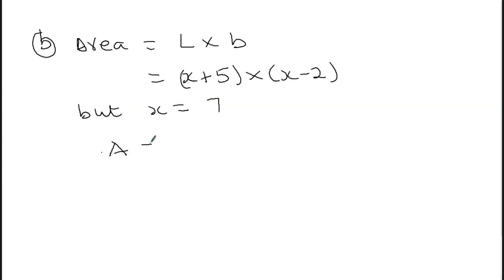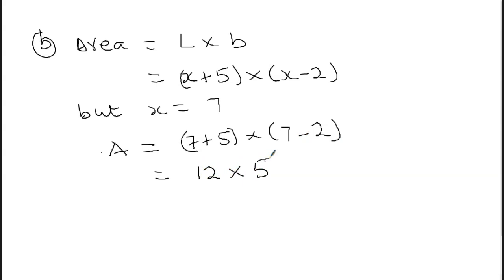A will be equal to 7 plus 5 times 7 minus 2. 7 plus 5 is 12, times 7 minus 2 is 5. So 12 times 5 is 60. The unit is meters squared. Don't forget to bring your unit. In WASSCE, if you omit the unit, you are going to be penalized by subtracting 1 from your marks.